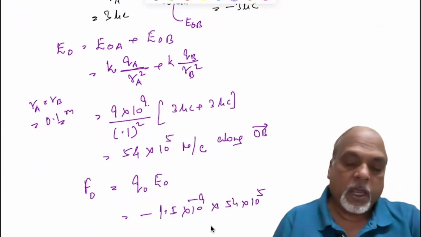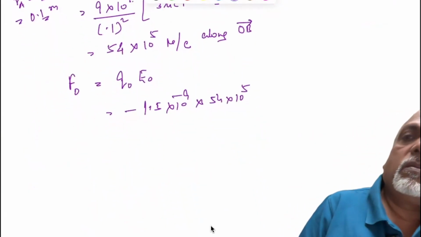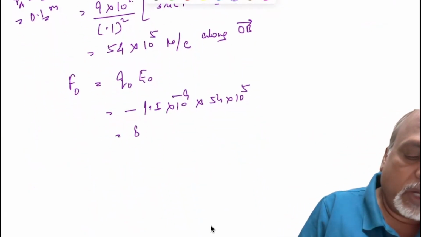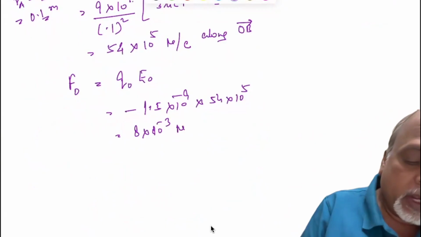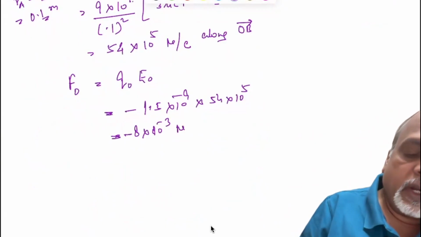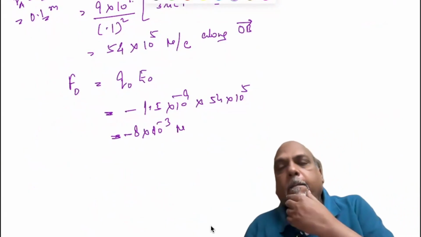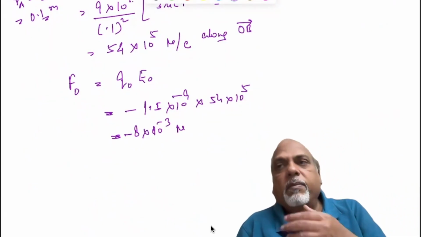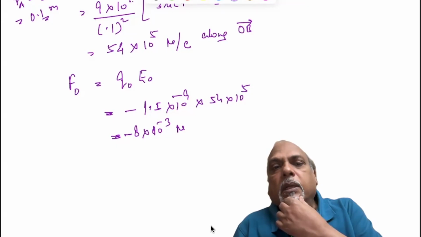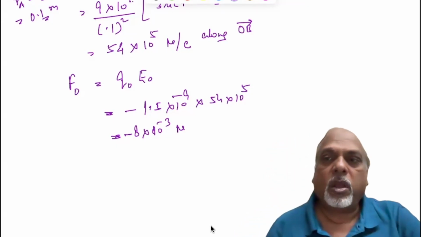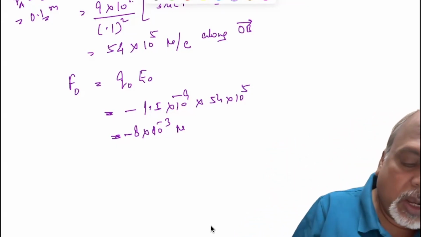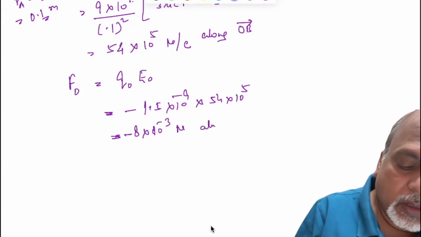If you calculate it, it will come around 8 into 10 raised to minus 3 Newton. But here this is minus. The electric field direction was along OB, but since it is a negative charge, the force will be along OA.